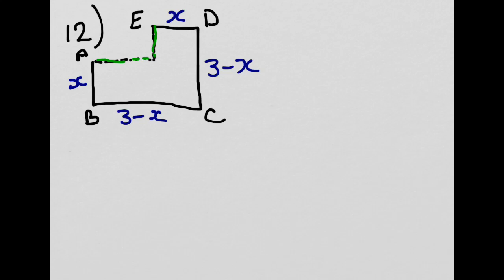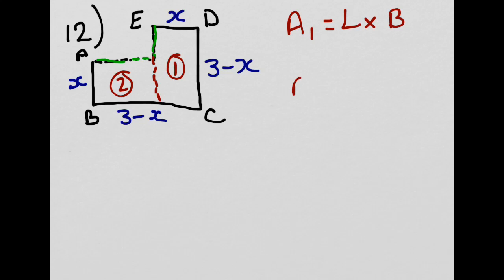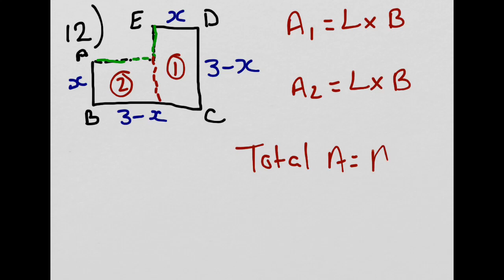Now we can't find the area of an L-shaped figure, so what we have to do is split it into two areas. So area 1, area 2. Now they're both rectangles, so it's length times breadth for both of them. You know your dimensions, and to find the total area, you add your two answers together.